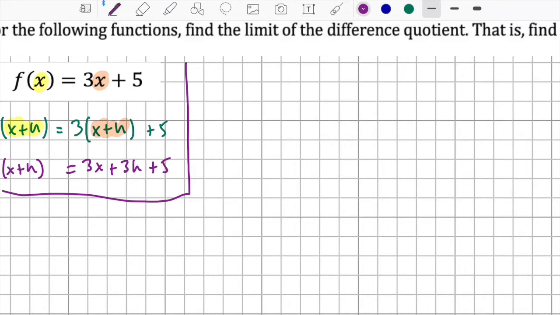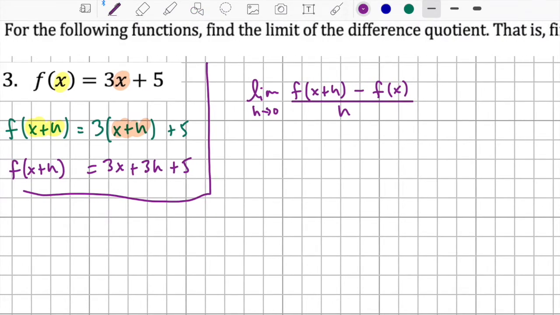So the definition of the limit of the difference quotient is this. Limit as h approaches 0 of f of x plus h minus f of x, all of that divided by h. Now let's substitute. So limit as h approaches 0.